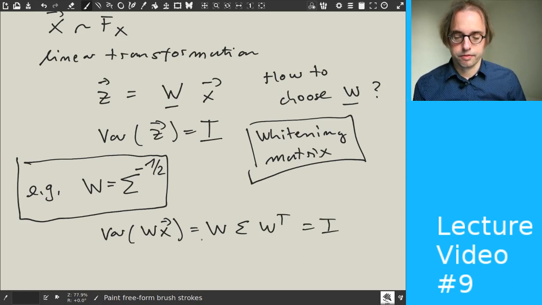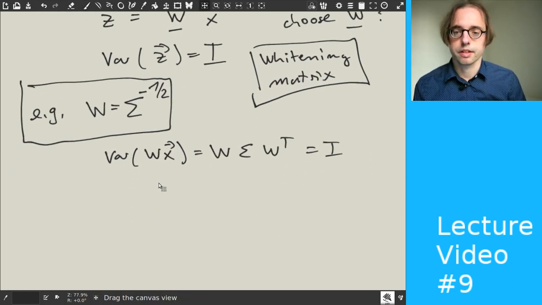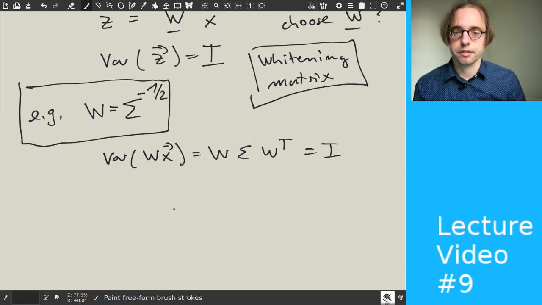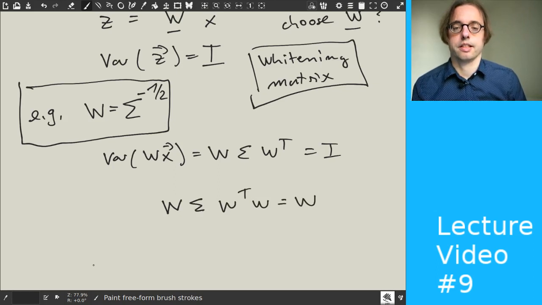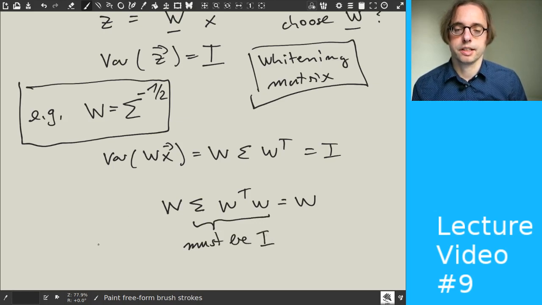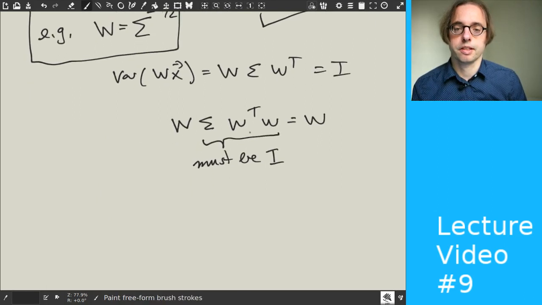And if we now multiply this with W, we see that W times sigma times W transpose W equals W. And if we carefully look at this, we actually realize this must be the identity matrix, so that this is actually true.